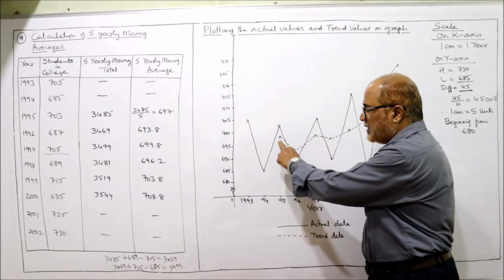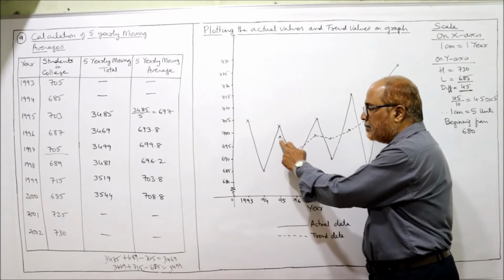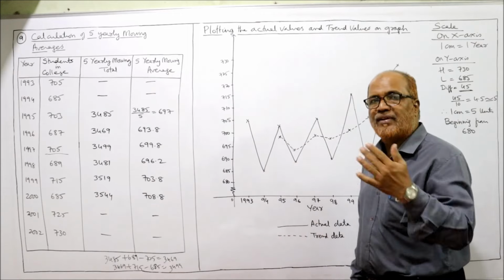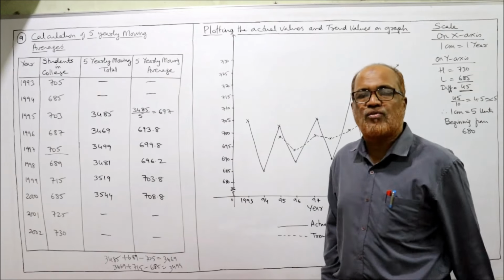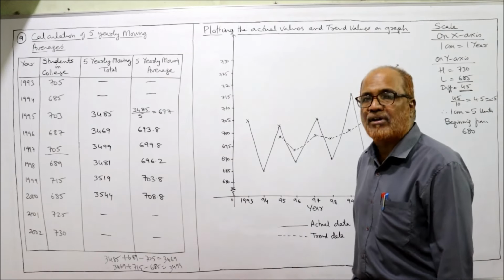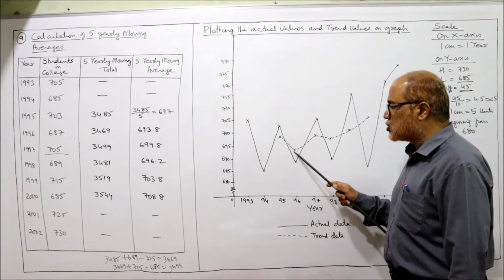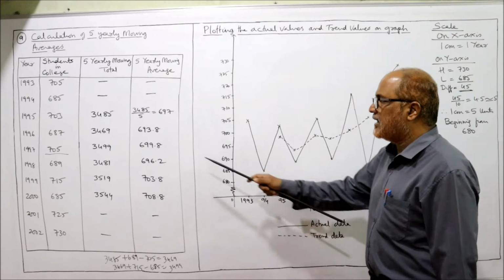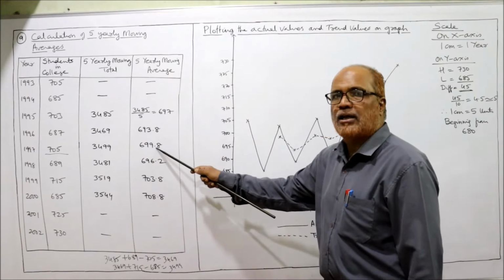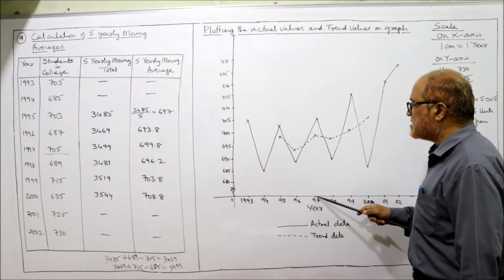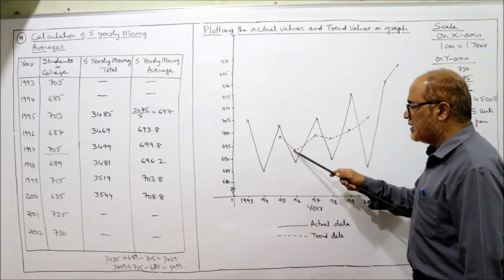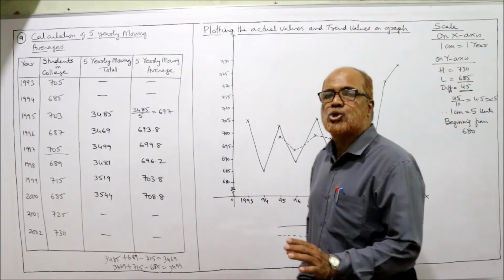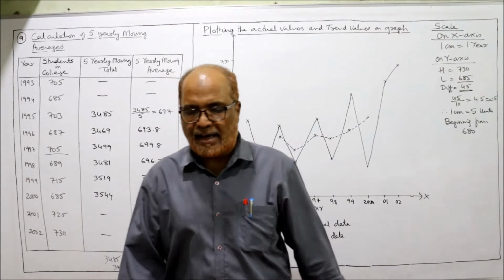So I have put a dotted line between these 2 points to differentiate. Bold line is for actual data and dotted line is for the trend values, average values. So join these 2 points. Next year 1997, 699.8. So put the point here. Now join this. So this dotted line shows the trend values.